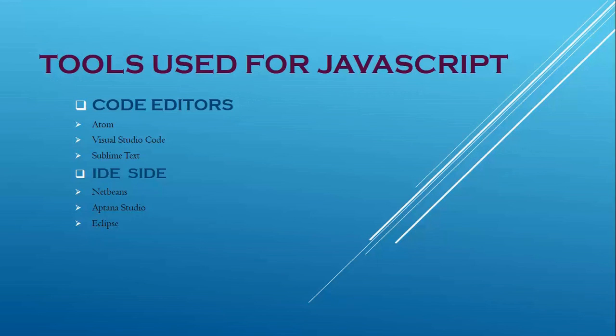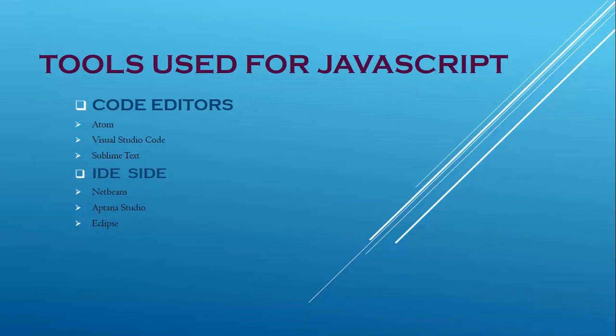Now here are some tools that you can use to write your script. First, you need a code editor. Here you can use a standard code editor or a full-fledged integrated development environment, or IDE.